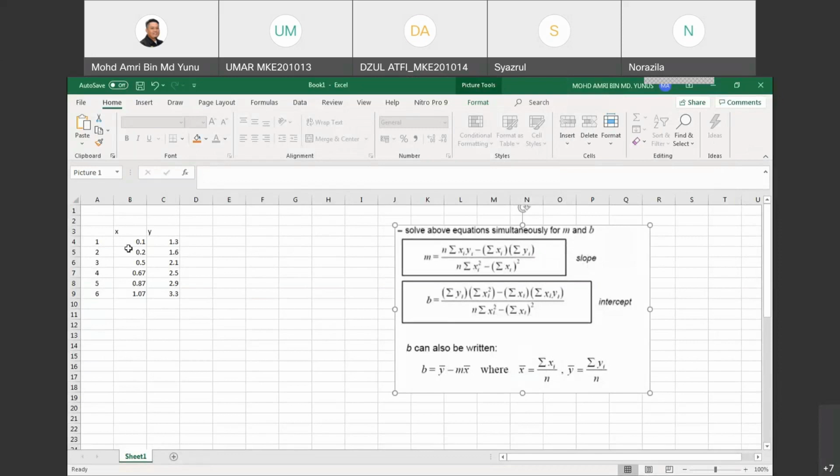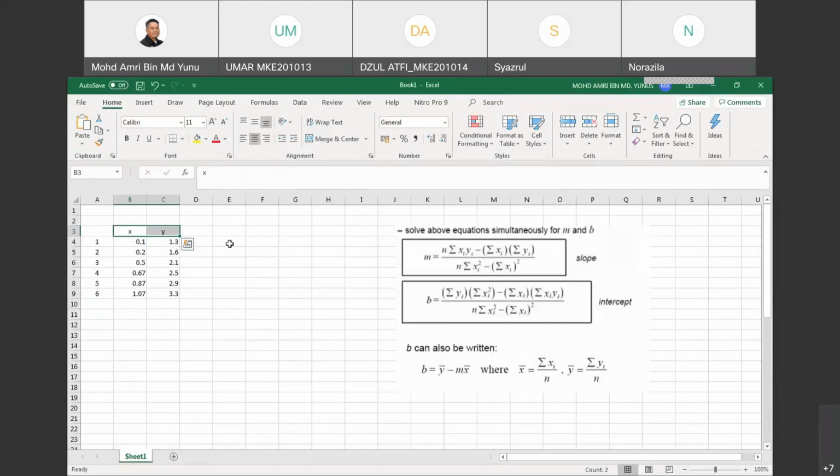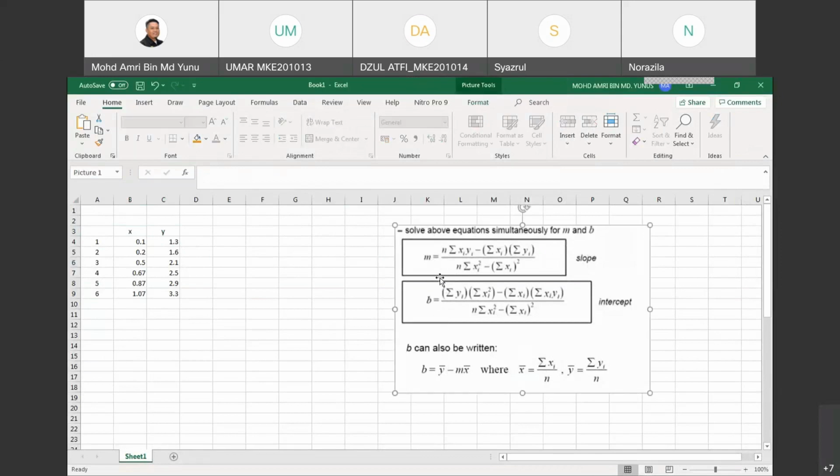Okay, so let's say we have 6 sets of X versus Y data. We want to determine the linear equation, so we can estimate the slope m and the intercept on the y-axis based on this equation. So we can find the values based on this equation.